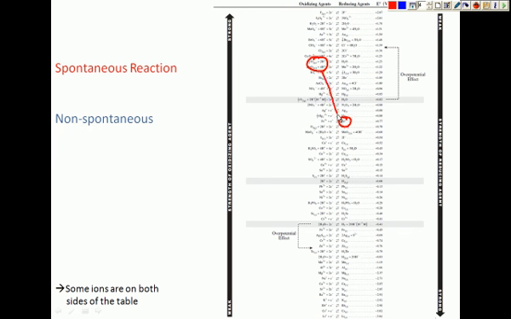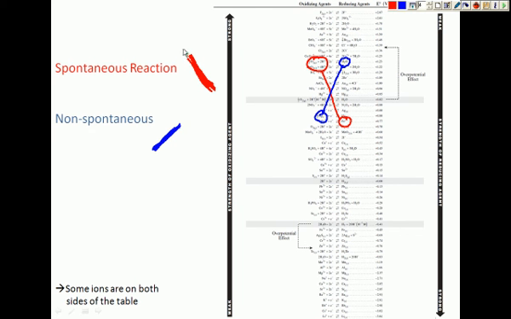If your line goes this way, it is spontaneous. Okay, so spontaneous reactions are going to have a line that goes like this. Non-spontaneous reactions are going to have a line that goes in this direction. Okay, so non-spontaneous is going to have one like this. So spontaneous is going to be from top left to bottom right. Non-spontaneous is top right to bottom left.